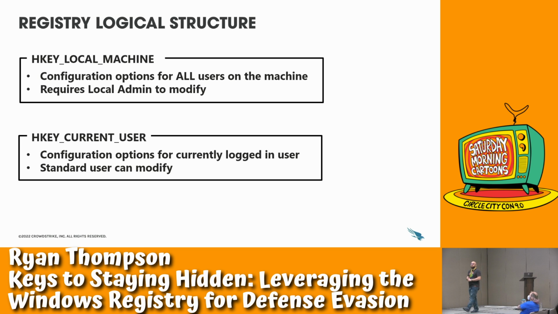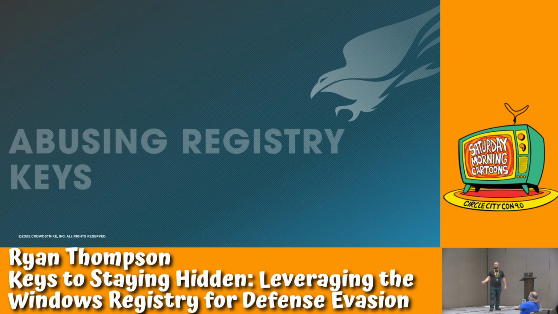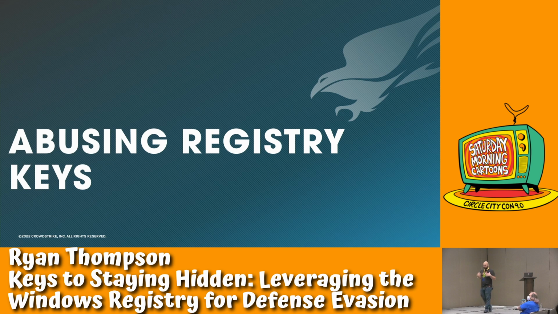On the other hand, we're going to look at some current user registry keys, and these can be modified by a standard user and only impact the active user that's actually logged in. So, that said, let's talk a little bit about registry keys and how they're normally interacted with and how adversaries are actually going in and modifying those for their own needs.